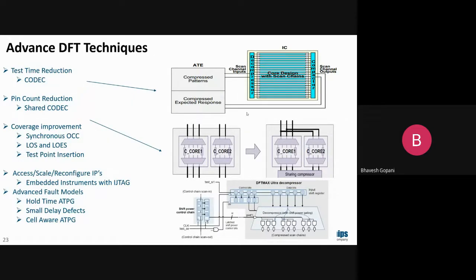The tester has very limited memory to fit all the patterns, so we can't give the full patterns to the ATE, and the test time is increased. Test time increased means the cost of the chip is increased.